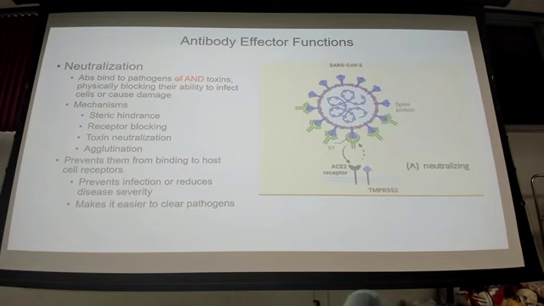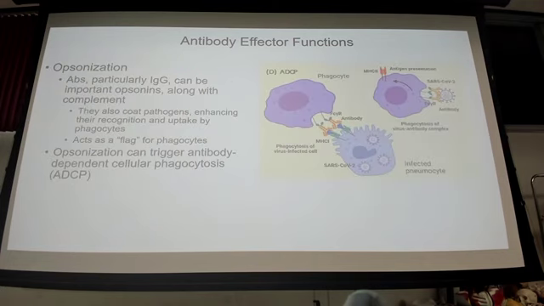Okay, sweet. Another important effector function is opsonization, which we know very well now. In this example, we have a viral infected monocyte. SARS-CoV-2 has gotten into this respiratory cell and infected it, and since this is a nucleated cell, it has MHC class I on its surface.